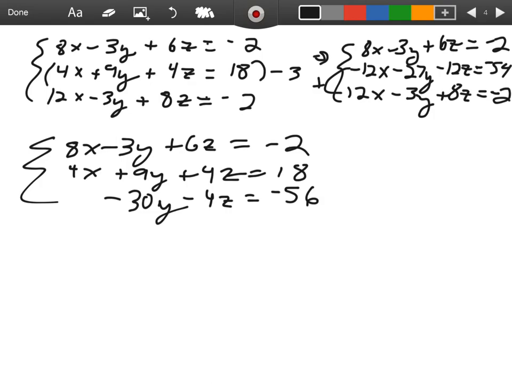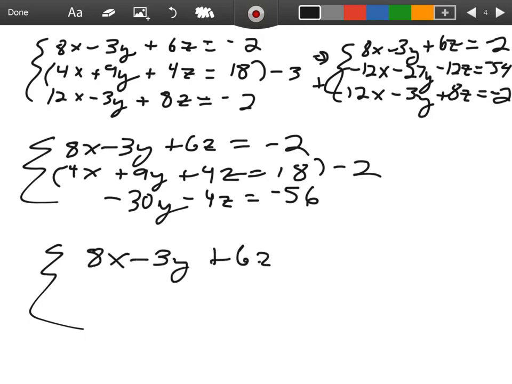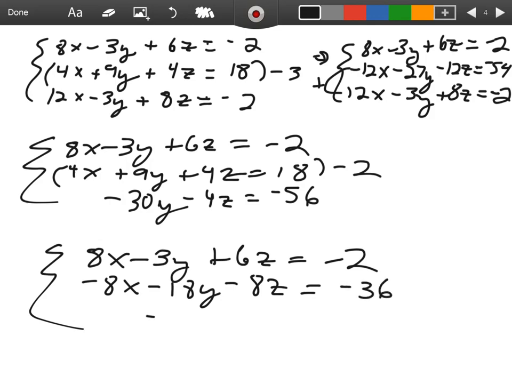Now I'm going to eliminate that 4x. Since the top is 8x, I can multiply everything here by negative 2. That gives me negative 8x, negative 18y, minus 8z equals negative 36.